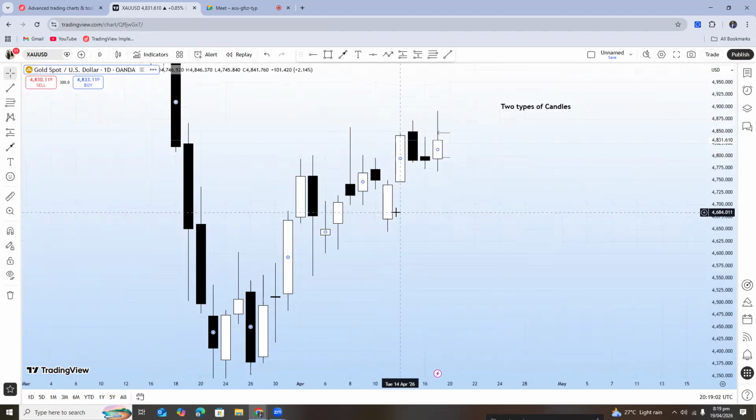That is why when you change the time frame, the chart will automatically change, because the candles are either expanding or shrinking, depending on whether you are zooming out or zooming in, I mean on the time frames. Right, so these are daily candles or 24-hour candles.